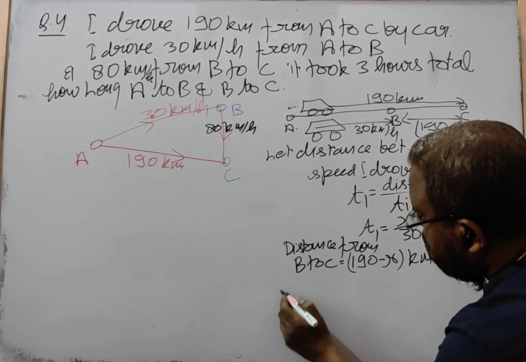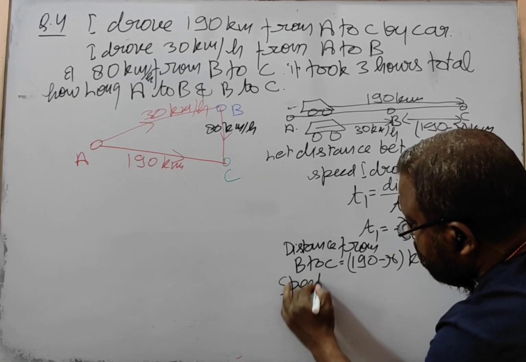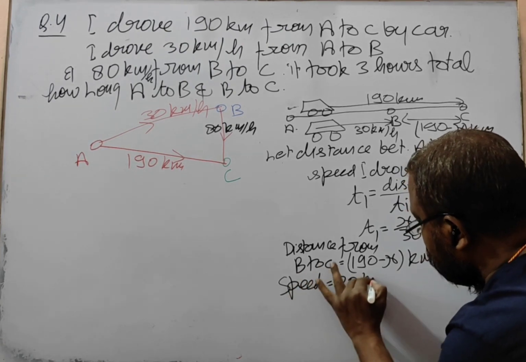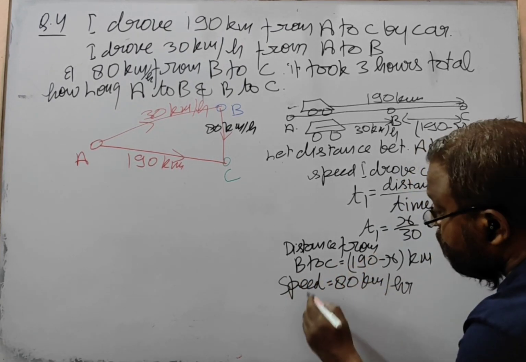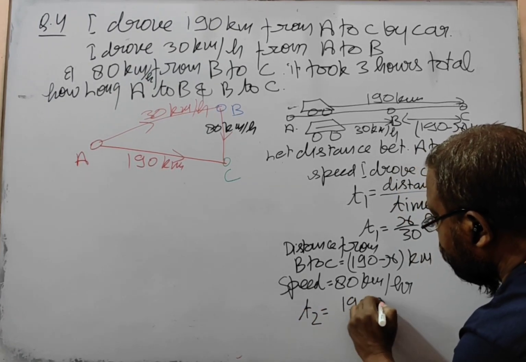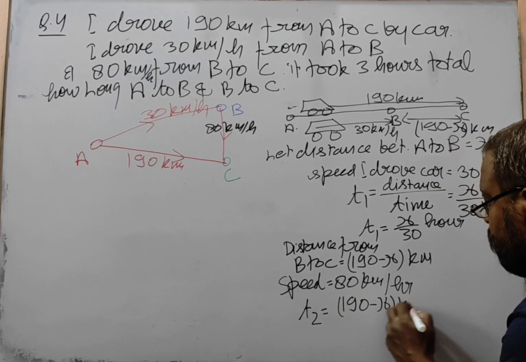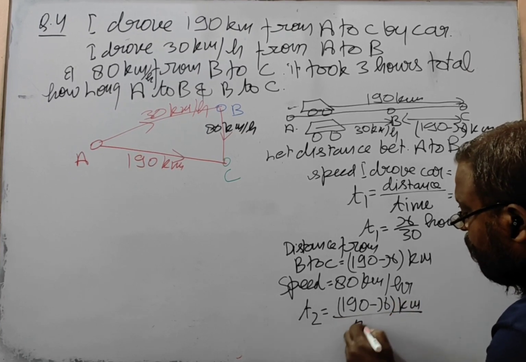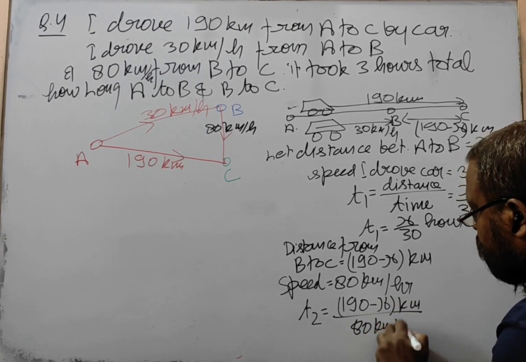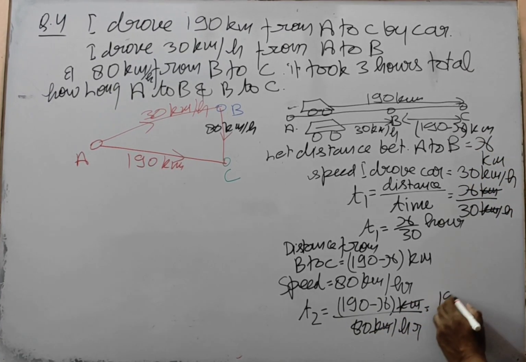And time and speed are given. Speed is 80 kilometers per hour. So T2 is equal to 190 minus x kilometers upon 80 kilometers per hour. Kilometer gone, it becomes 190 minus x upon 80 hours. Got it?